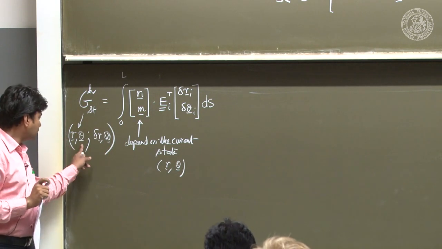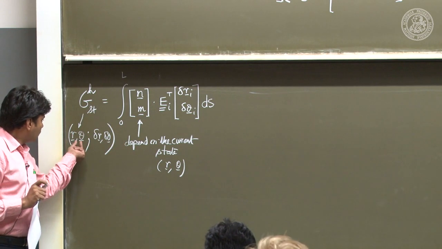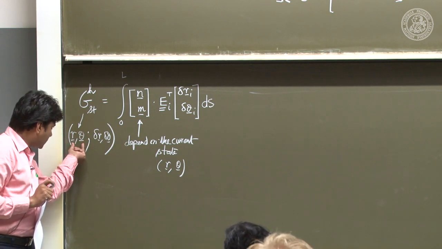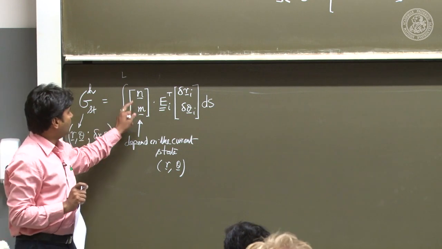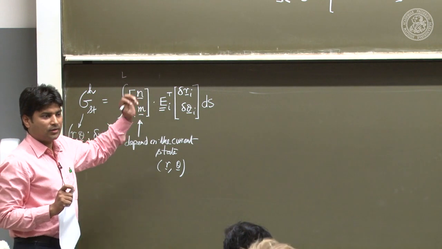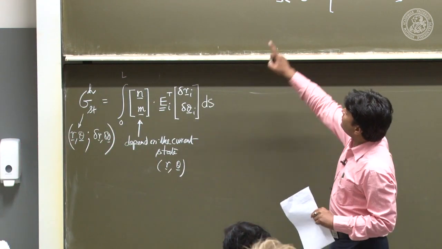So, little r little theta, we are defining your current state. So, find out the strains from using this current state and get your n and m, and then you integrate. Okay. So, that is just the first term.